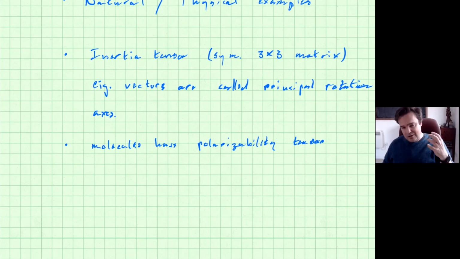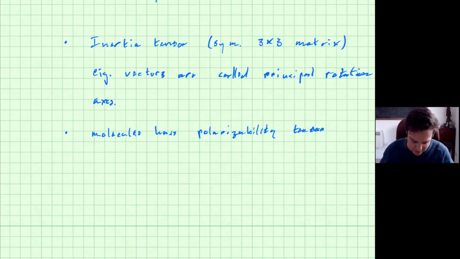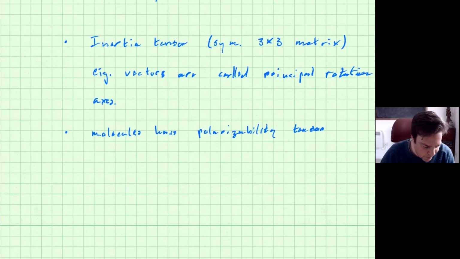Those describe how difficult it is to electrically polarize a molecule in a particular direction. If you don't know what that means, that's okay. But if you do, then you might find this interesting. And that is also represented as a symmetric 3 by 3 matrix.